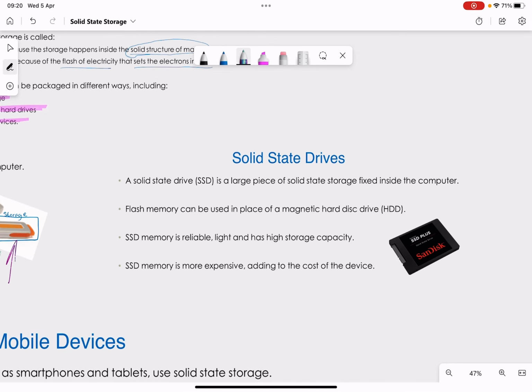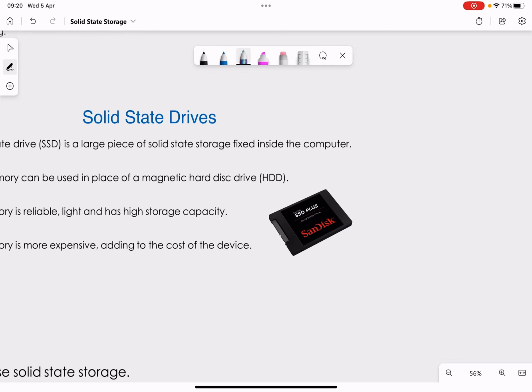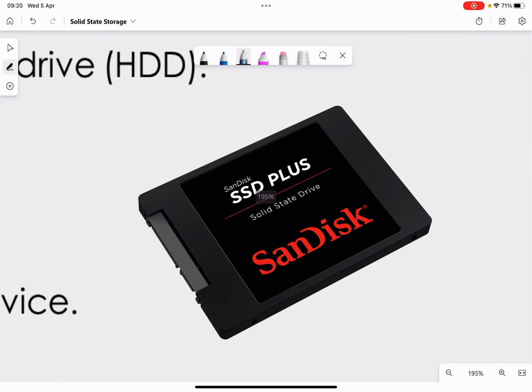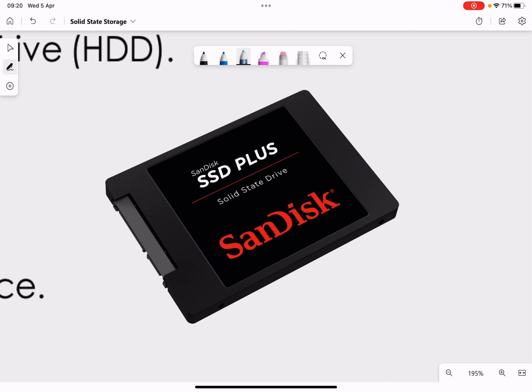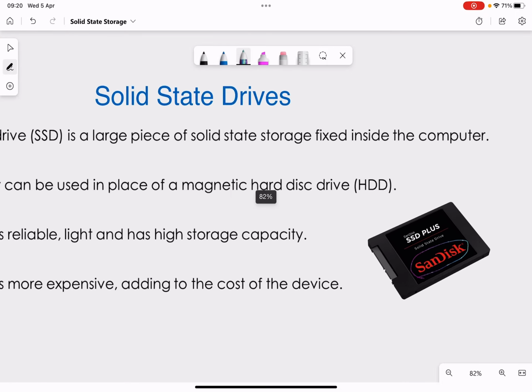Let's have a look at solid state drives. Now, solid state drives kind of look like this. Again, they come in different physical and memory sizes, but they all kind of look like this, and SanDisk is a very popular brand. What are they?